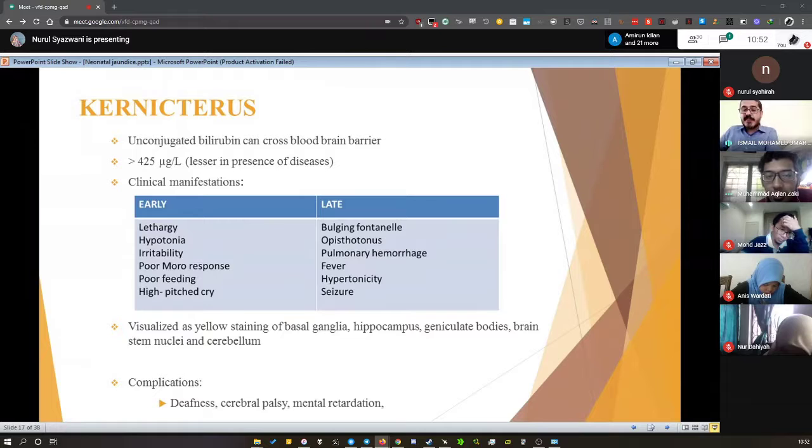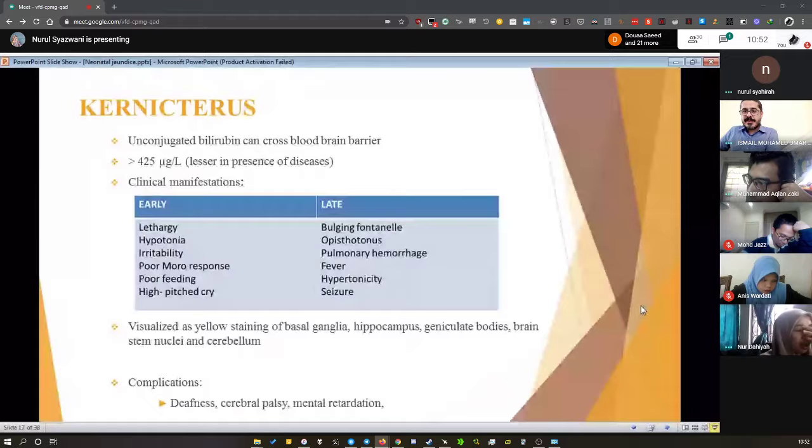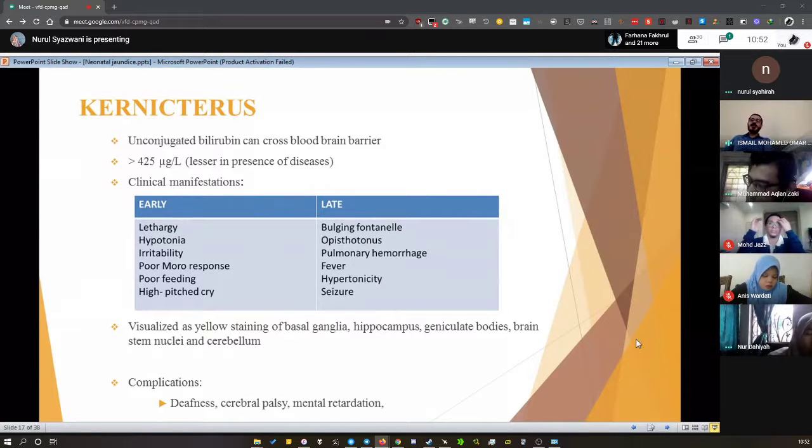What is the definition of chorea? Involuntary, purposeless, rapid, flowing, and irregular. Irregular, very good. Involuntary, purposeless, rapid, flowing, irregular movement. Very good. Okay, carry on, Shahira.